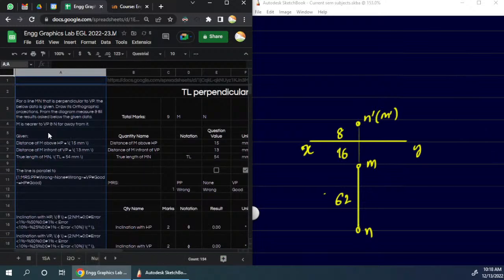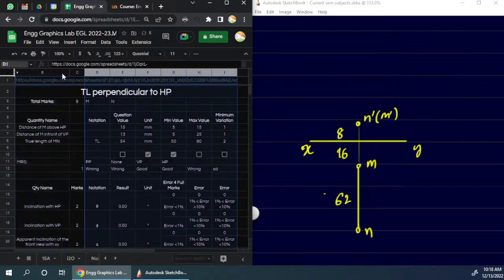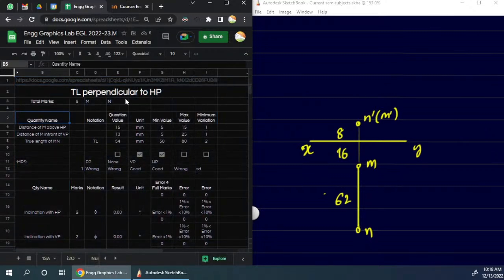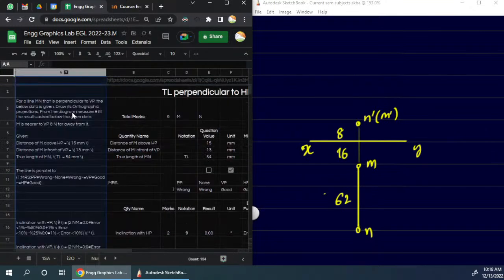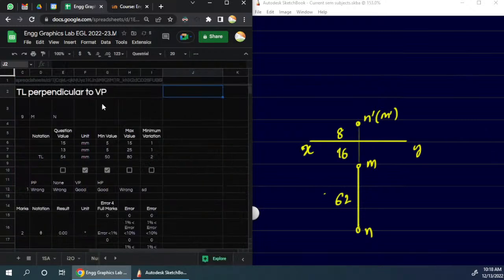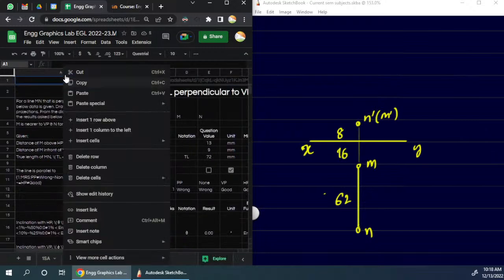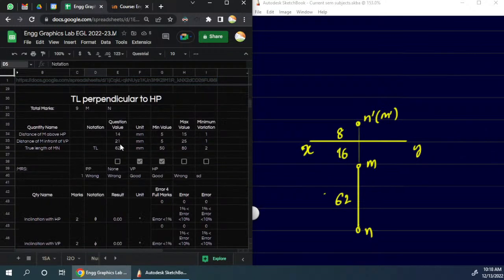Alright, so perpendicular to VP. Right, so this is perpendicular to VP, then we have perpendicular to HP. Right, and a position of M is given, the true length of M is given.